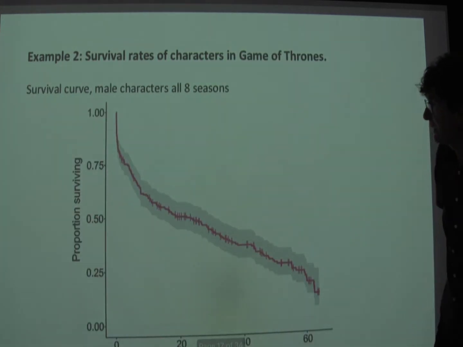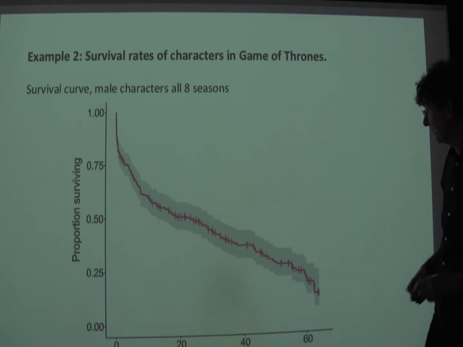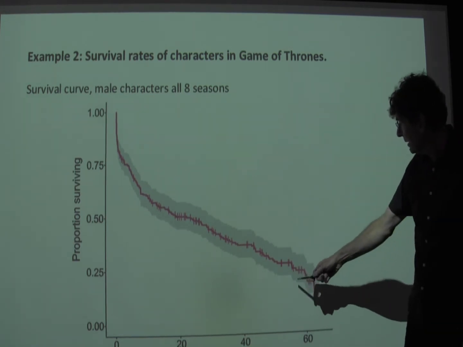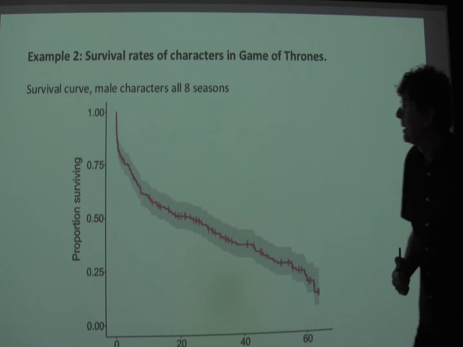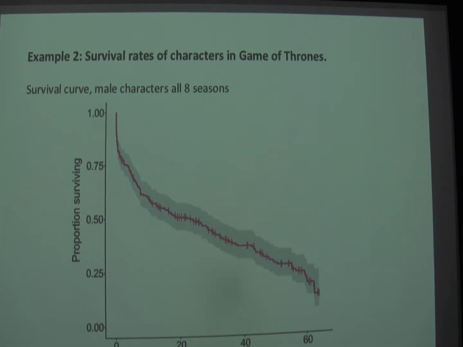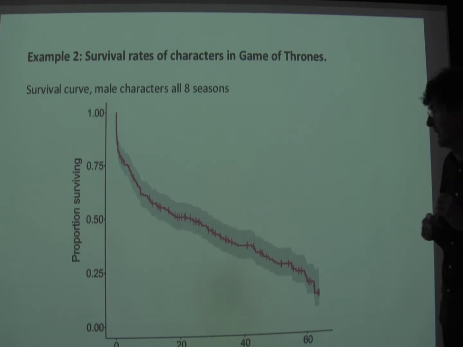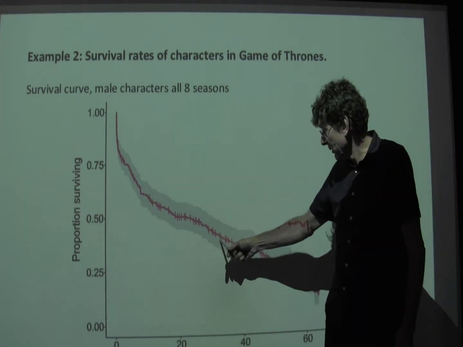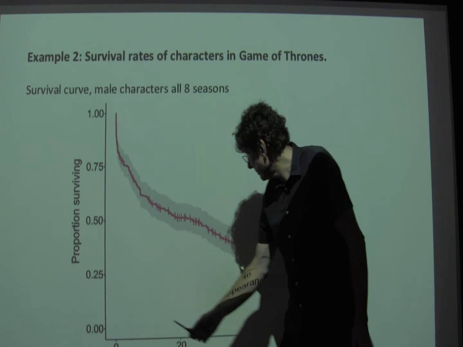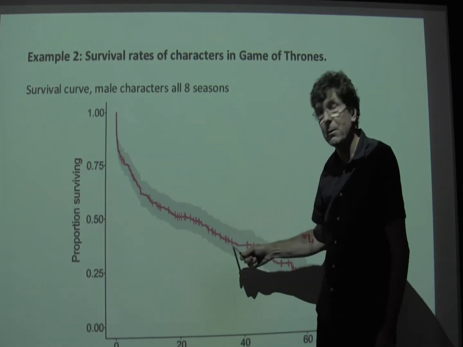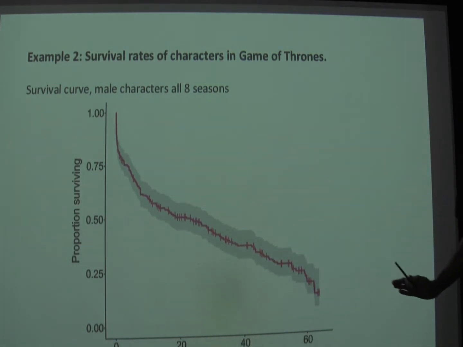This original likelihood curve has a vertical bar every time an individual data point occurs that is censored. What censored means in this case is that at this point in time, a character that had been on the show for 30 hours was never seen again on the show, and we have no idea when he died.